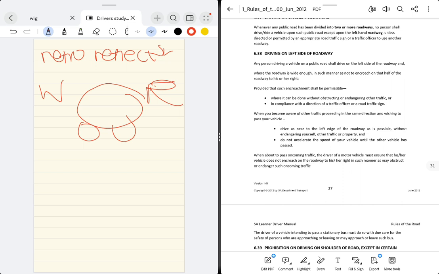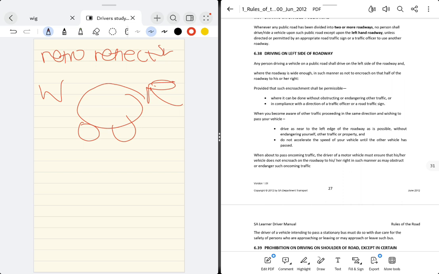Driving on the left of the roadway. Any person driving a vehicle on a public road shall drive on the left of the road and, where the road is wide enough, in such a manner as not to encroach on that half of the roadway to his or her right, provided that the encroachment shall be permissible where it can be done without obstructing or endangering other traffic, or in compliance with the direction of a traffic officer or road traffic sign.